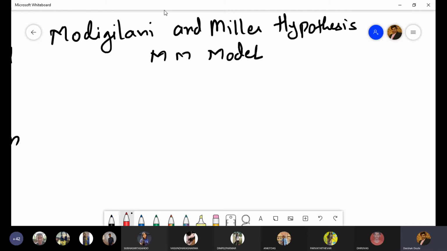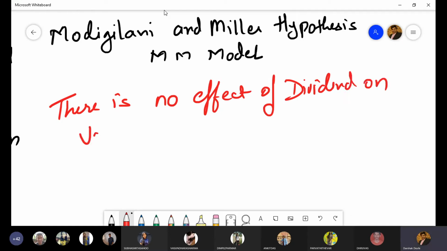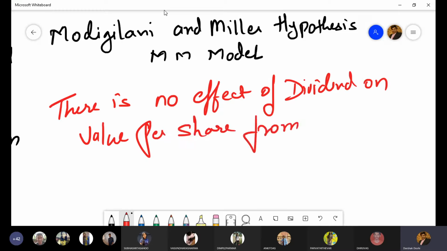Modigliani and Miller say that there is no effect of dividend on value per share from the point of view of investors.